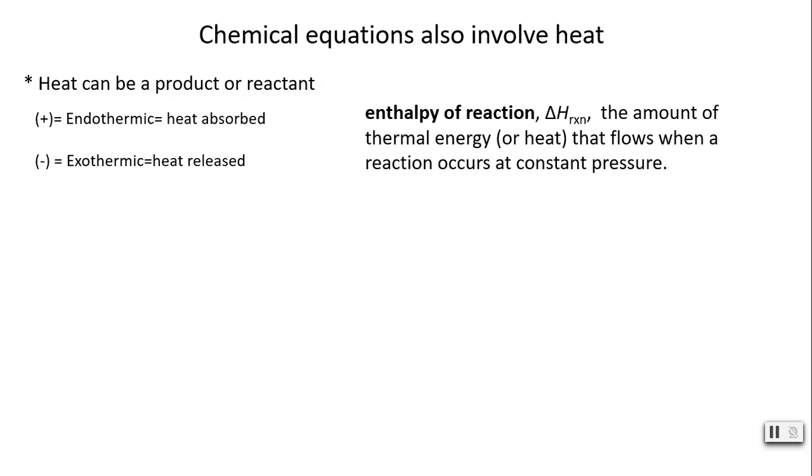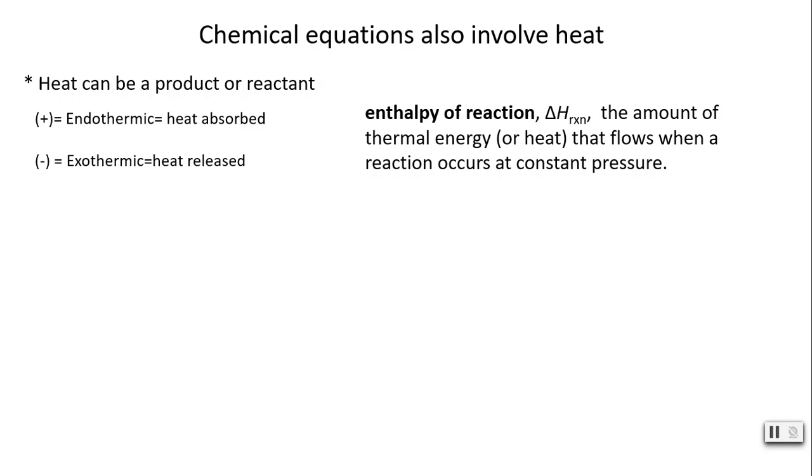When we talk about heat, we gave heat this variable Q. Chemists have another variable that they like to use to designate heat, and it's this fancy word called enthalpy. If you go on to take thermodynamics classes, you'll talk about enthalpy in the third law of thermodynamics. You just need to know that enthalpy is a fancy word for heat, and it has the symbol delta H. And this little subscript here means reaction.